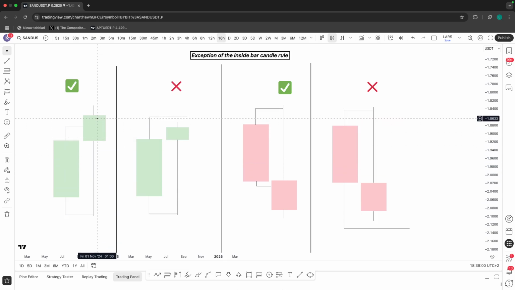Therefore, technically speaking, the first candle's highs and lows are in between the second candle's highs and lows. However, I will be using this from a valid 6 candle rule perspective when we're in high probability environments.